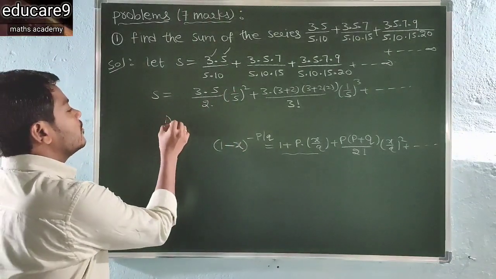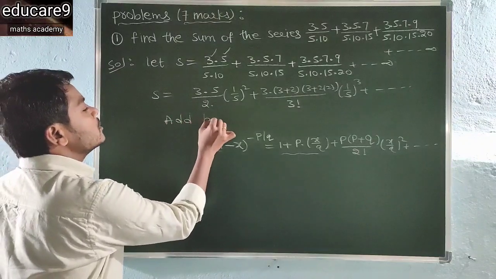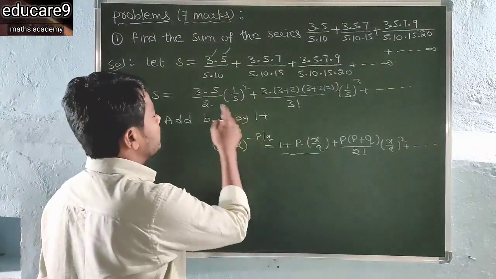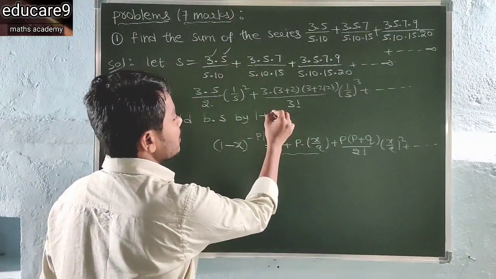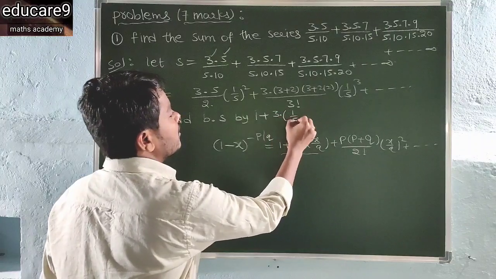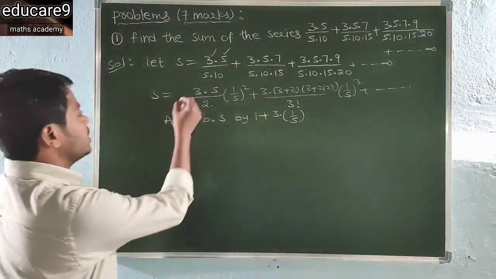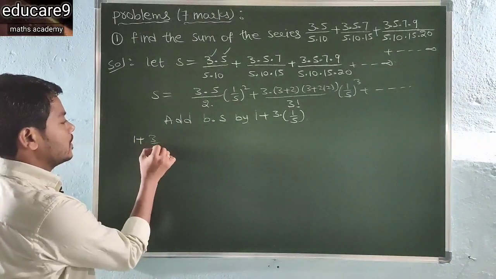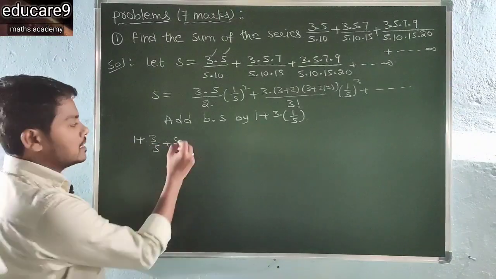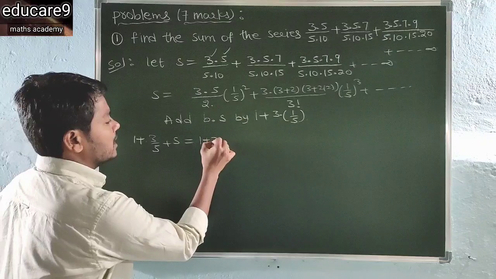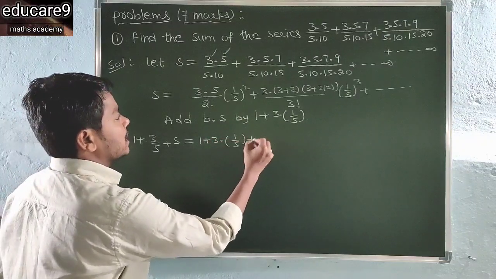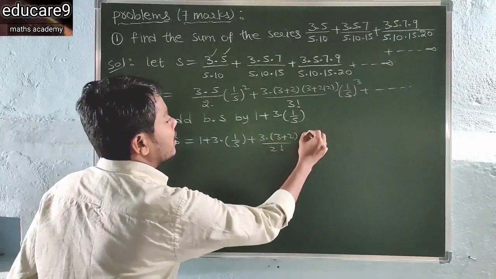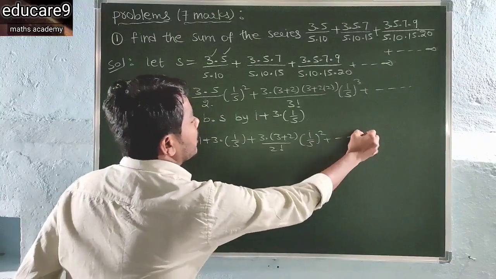So add 1 plus p into x by q to both sides, that is p is 3 only, 3 into 1 by 5. So this is 1 plus 3 by 5 plus S is equal to, on the left side, 1 plus 3 into 1 by 5 plus 3 into 3 plus 2 by 2 factorial into 1 by 5 whole square and so on.